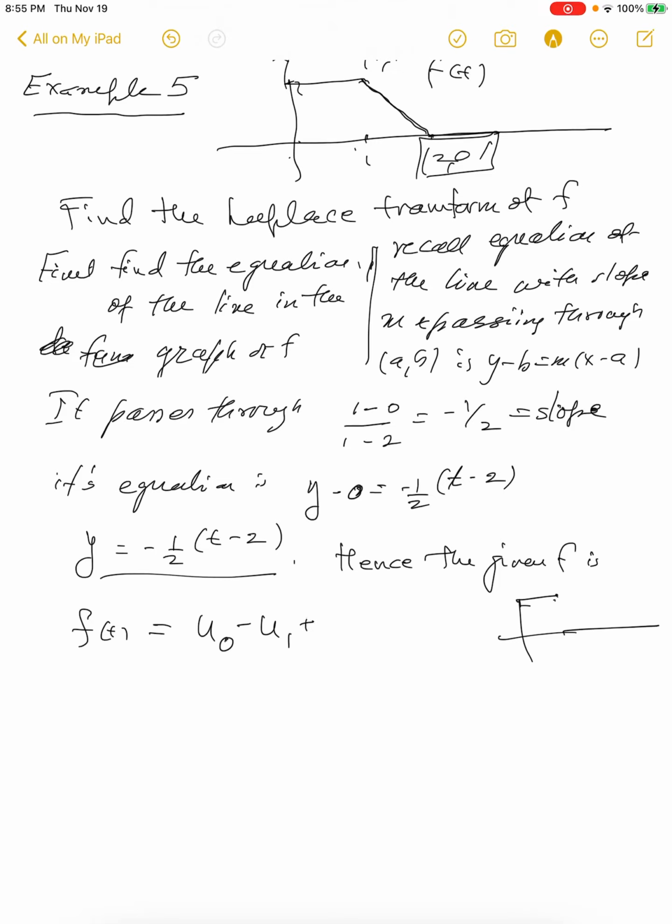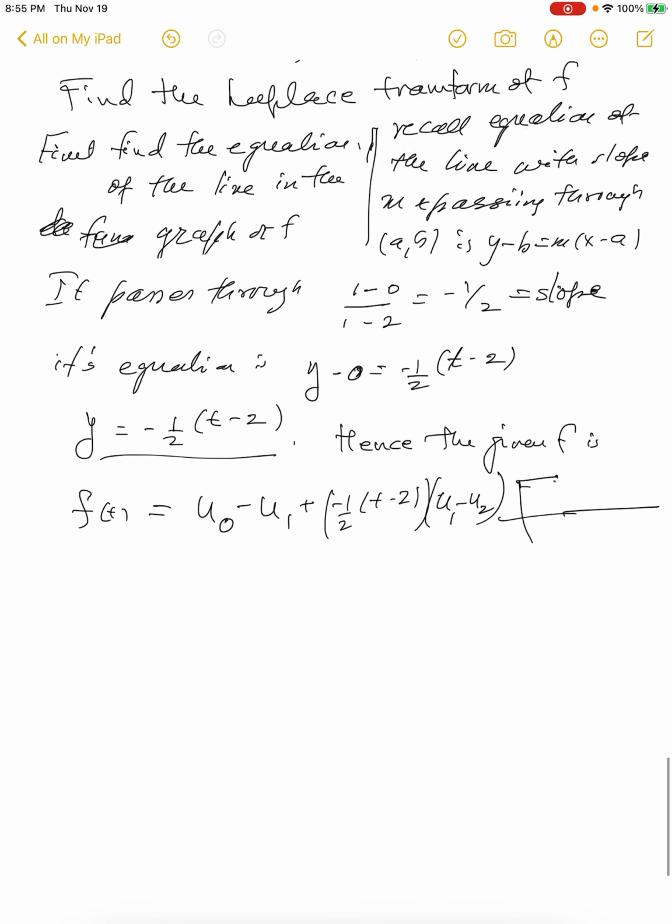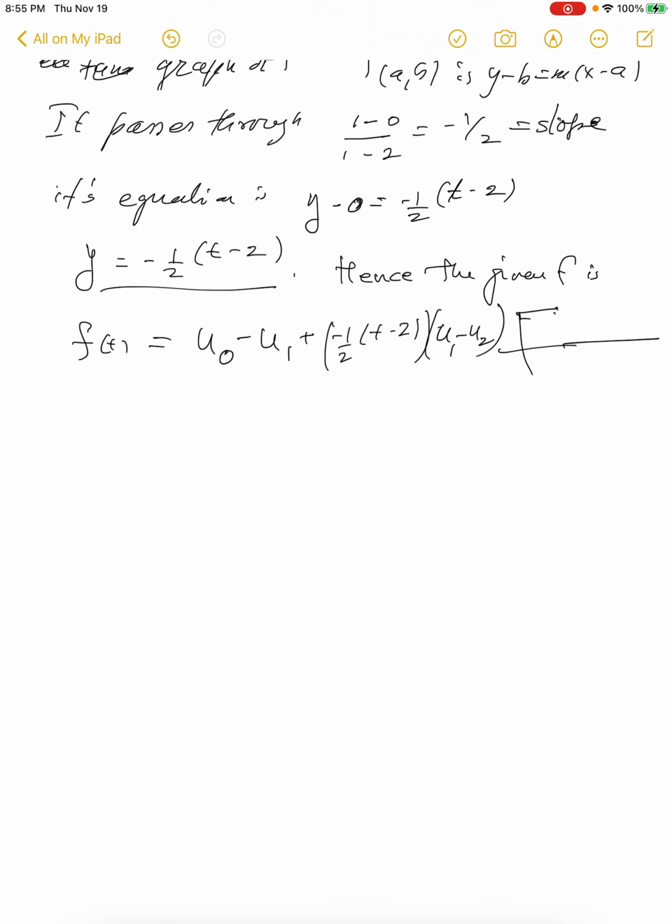And then to that I want to add this function, minus half t minus 2, that's that line, and put a bump between 1 and 2. So it will be u1 minus u2 multiplying this. So that gives you 1 when t is between 1 and 2, 0 afterwards.